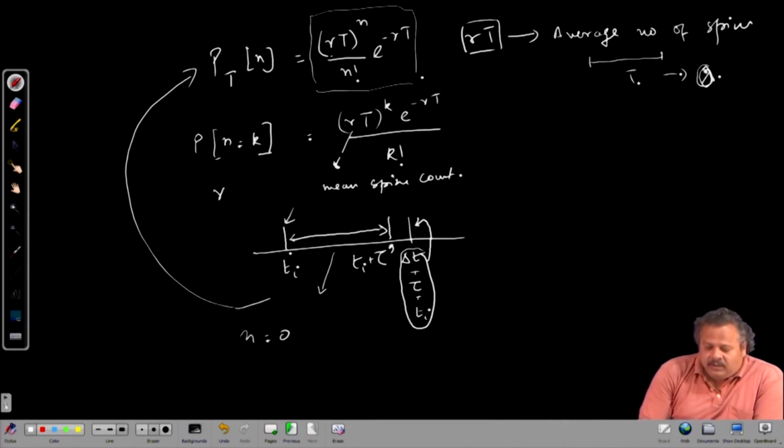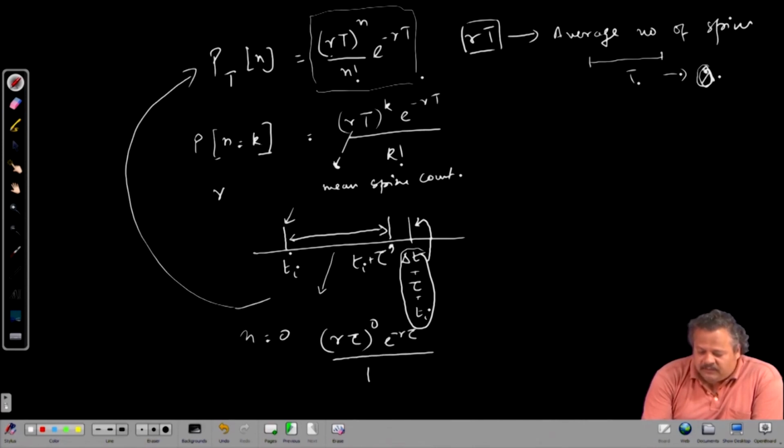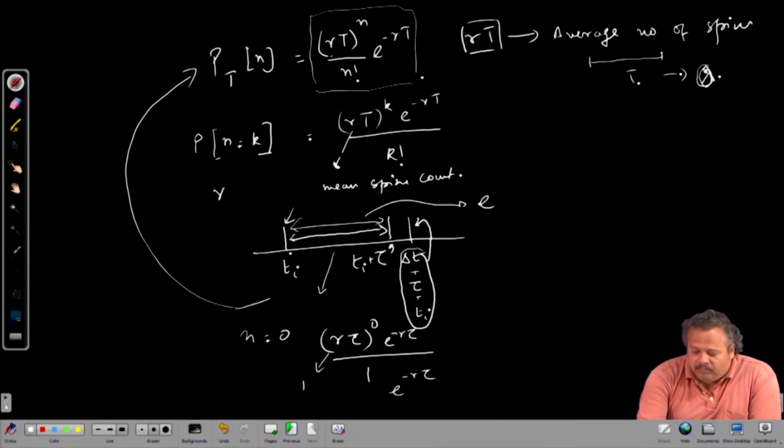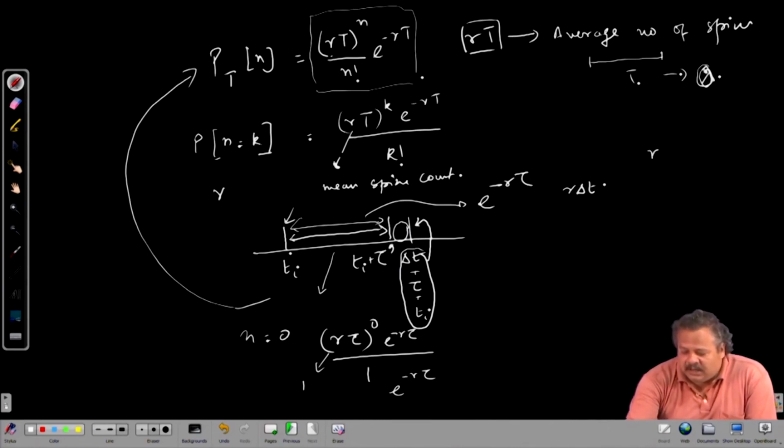With n equals 0 and capital T equals tau, if the rate is r, we have (r tau) to the power 0 e to the power minus r tau divided by 0 factorial, which is 1, and that turns out to be simply e to the power minus r tau. So the probability of not observing a spike here is e to the power minus r tau, and the probability of observing a spike in this delta t window we already know is r delta t. So the overall probability of observing the spike is r delta t times e to the power minus r tau.